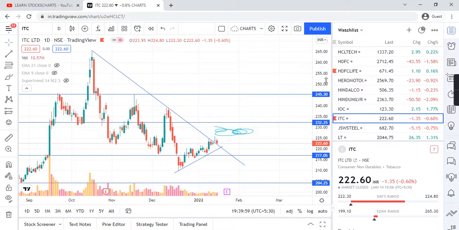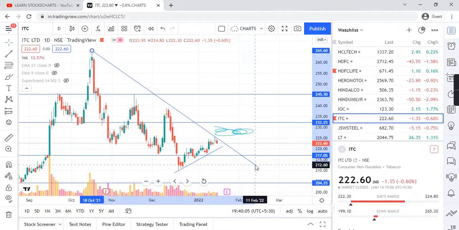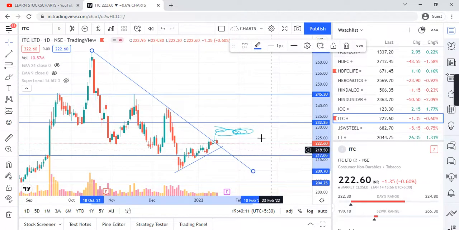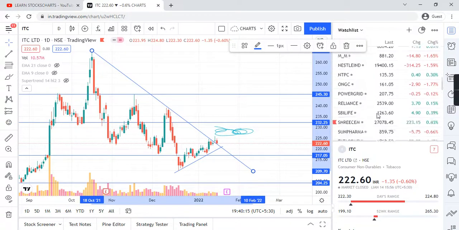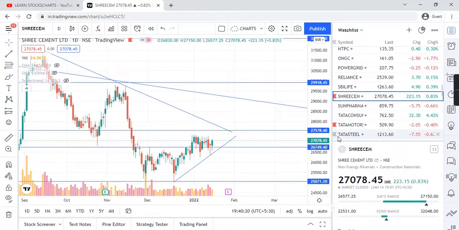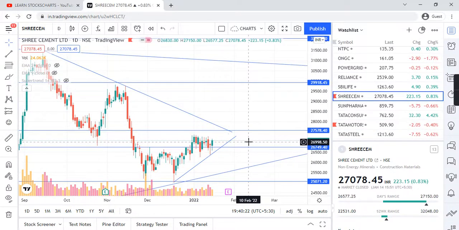ITC is also in this pattern, symmetrical triangle. But now I can say that I am a little bit able to change this pattern from here to here. No, because this is a more convenient one. So it might be a retracement for a big breakout. And next one is Shri Cement. See guys, 223 rupees. That's why I am saying this symmetrical triangle pattern will work.